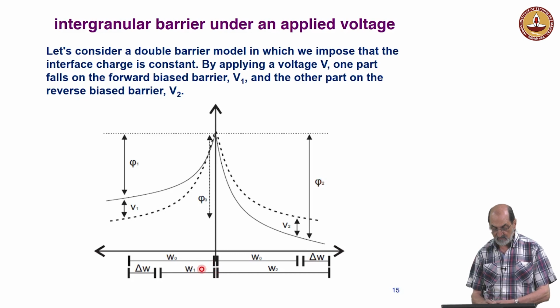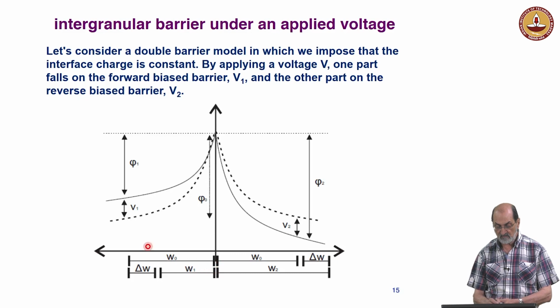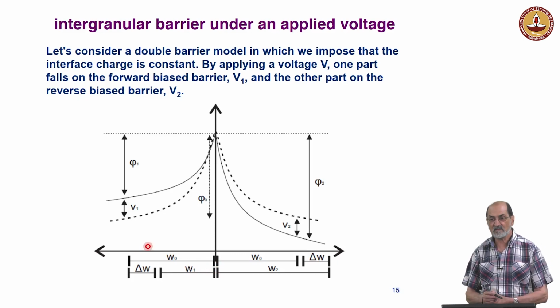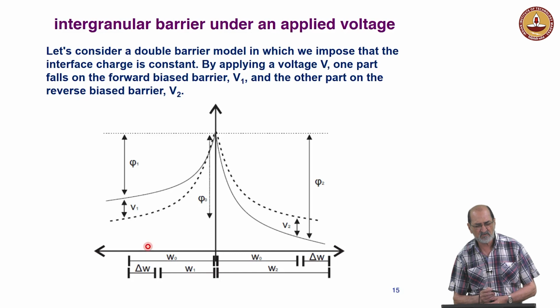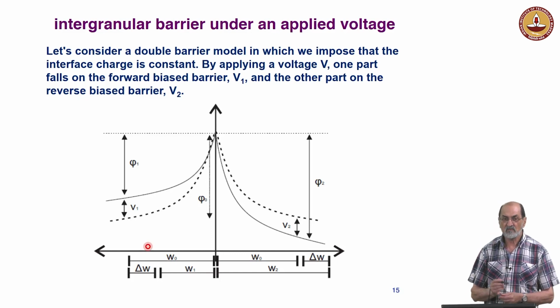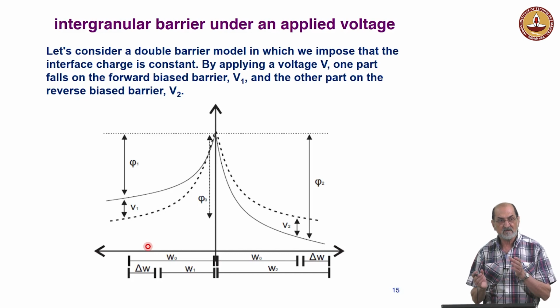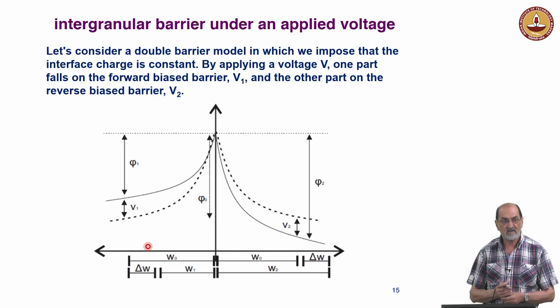In principle, at the beginning, if the applied potential is very low, we are going to have two capacitances. You know the capacitance of the Schottky barrier. As we apply the voltage, the amount of charge in the interface reduces or increases, and the behavior is that of a capacitance.